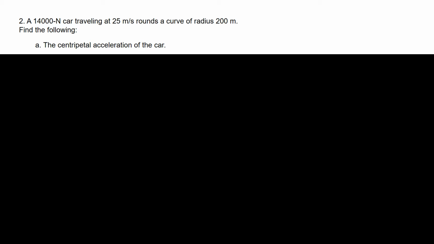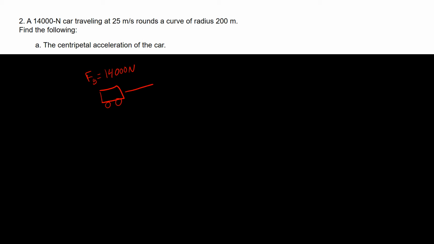Okay, so I've got a 14 Newton car traveling at 25 meters per second around a curve. This is essentially what I was just talking about, that whole picture before. You've got a car. The force due to gravity on that car, remember, that is weight, the weight of the car. It's not giving you the mass, so be careful there, I could see that being a problem.